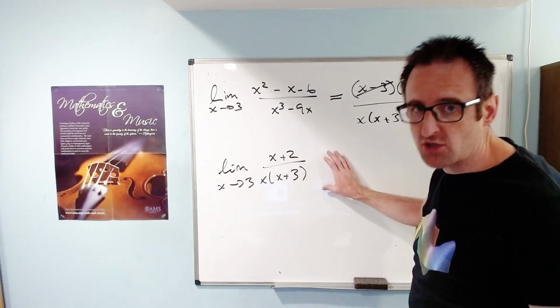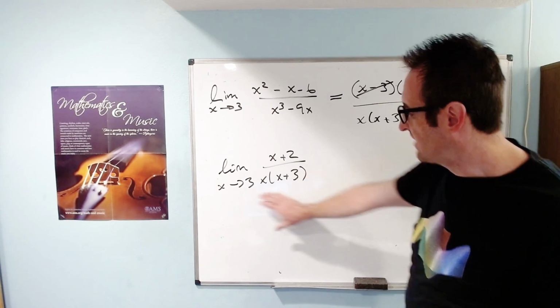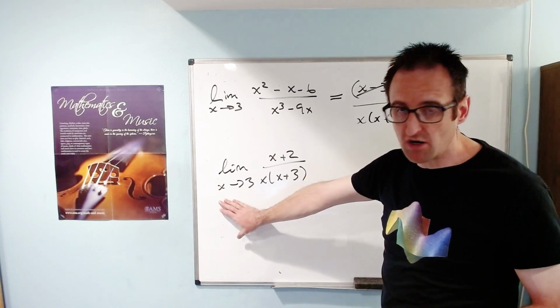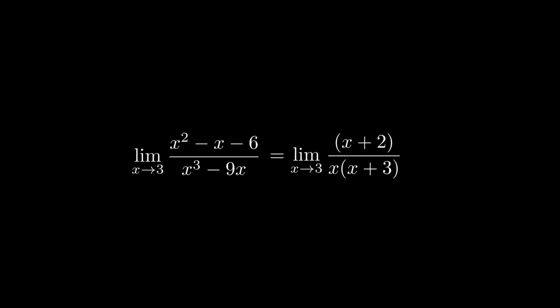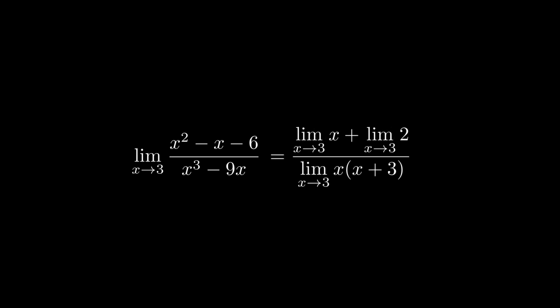For a rational function that's defined at the place that you're taking the limit towards, you're able to take the limit and apply it to both the numerator and the denominator. This will turn into the limit as x goes to 3 of the numerator divided by the limit as x goes to 3 of the denominator. On the numerator, you just have a polynomial, which allows us to spread the limit out across those pieces. You'd end up with the limit as x goes to 3 of x plus the limit as x goes to 3 of 2.